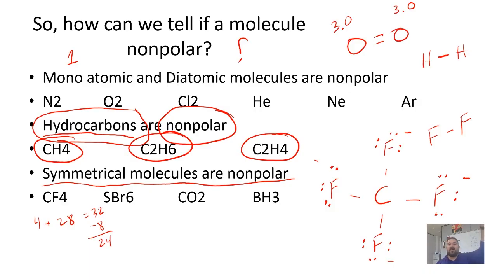No. What are all the sides? All the sides are negative. So it's not polar. It's basically symmetrical. And any way we cut this thing, all we have are negatives on both sides. So because it's negative on both sides, this would be considered a symmetrical molecule, and that's going to be nonpolar.